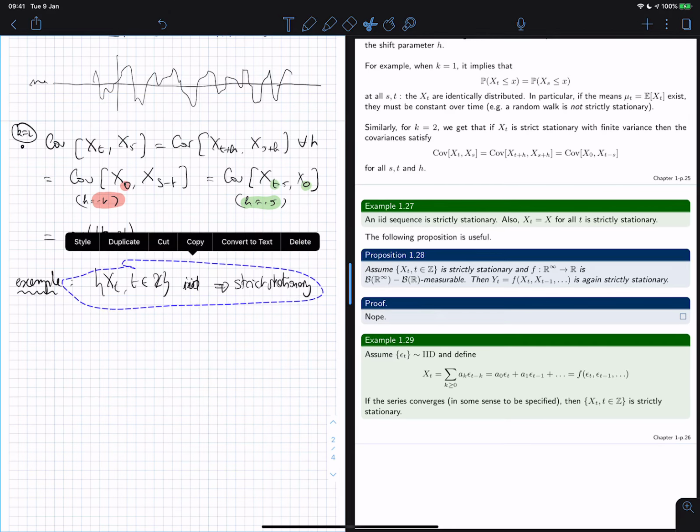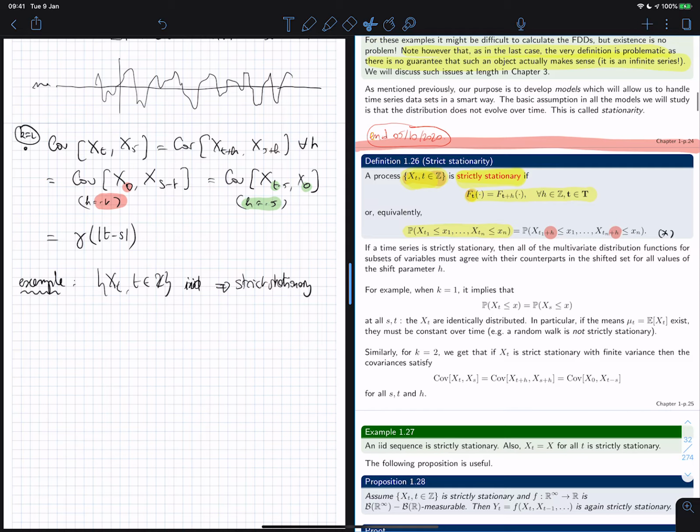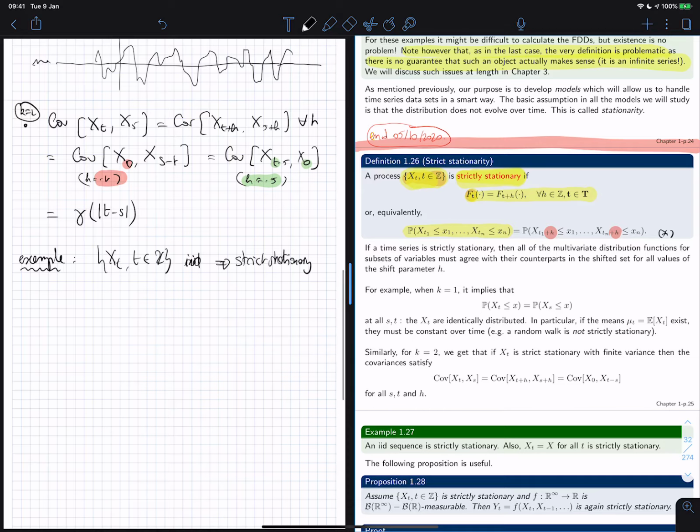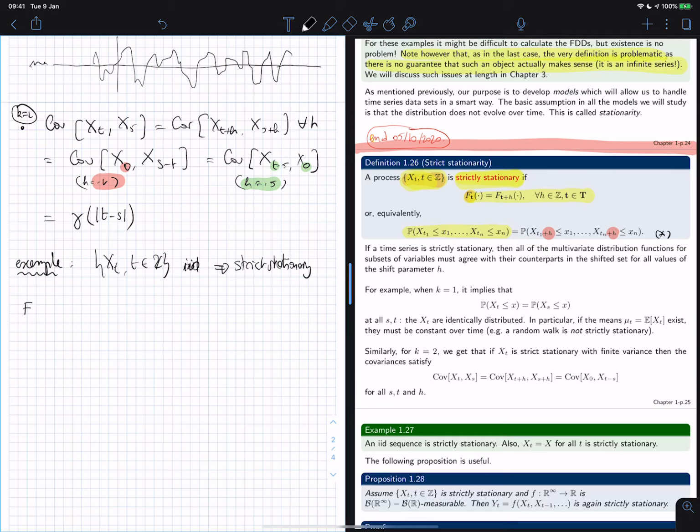So if you have an IID sequence, then it is strictly stationary.